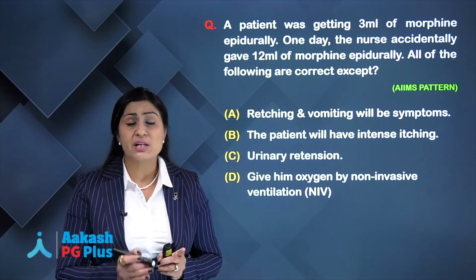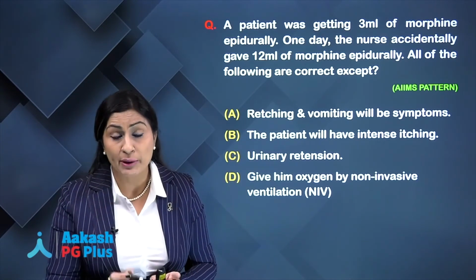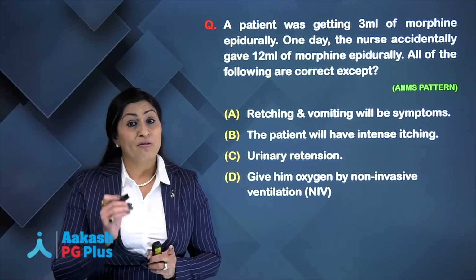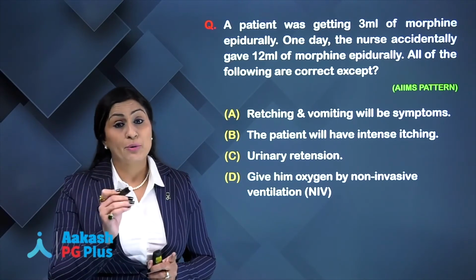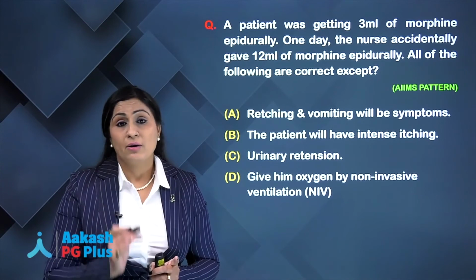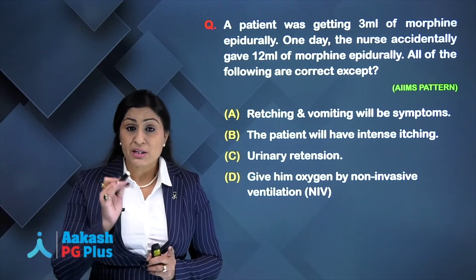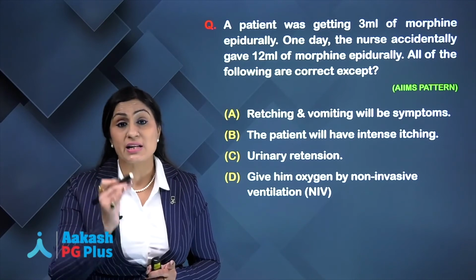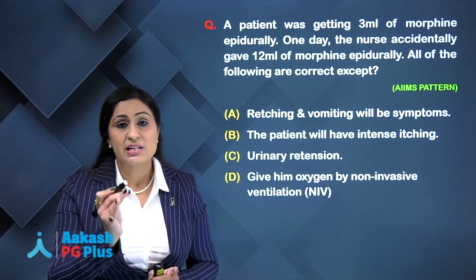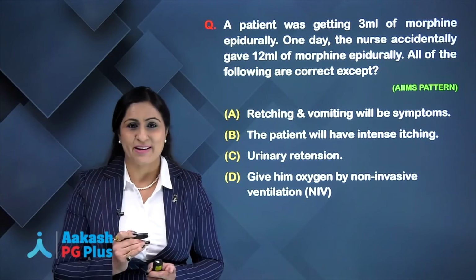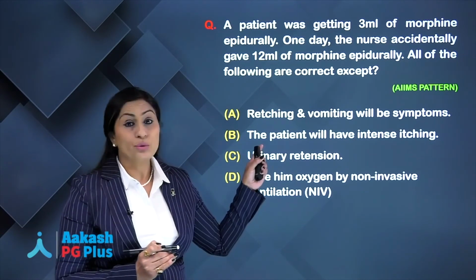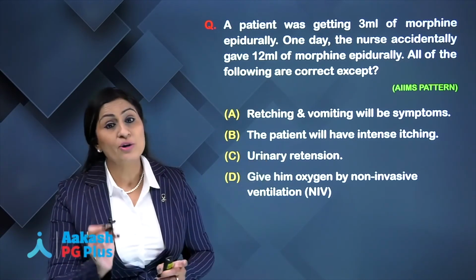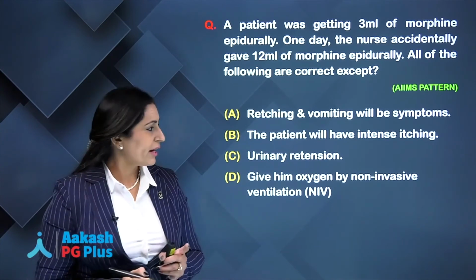Yes, pruritus is a very common complaint of patients who get epidural or spinal opioids, right? The literature reports that the incidence is as high as about 30 to 100%, right? And we don't know the cause. It is not because of histamine release, right?